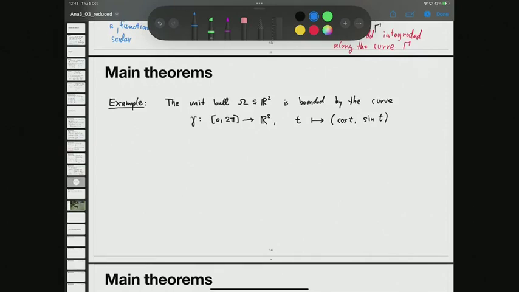For every parameter t, what we get is cosine of t and sine of t. So we just walk around the unit circle in counterclockwise direction. Let's take a look at the following vector field, f of x1, x2, is very simple. It's just x1, x2. So it's the source vector field.